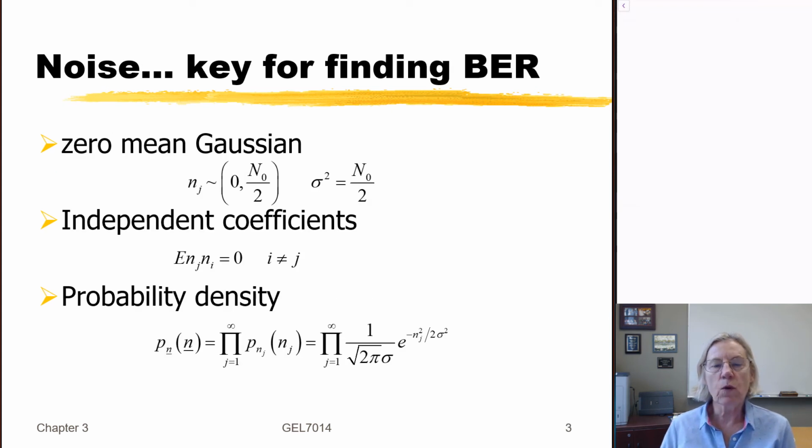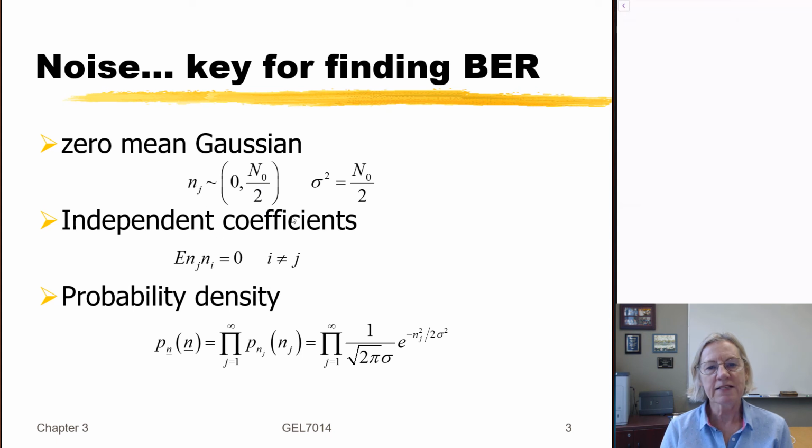We've said already that noise is the key for finding the bit error rate, that the noise density is what determines our calculation. And so we've already gone through, in the signal space analysis coverage, what the statistics are for the noise coefficients in the signal space vector of noise. We found that they were zero mean, and the variance was given by N0 over 2.